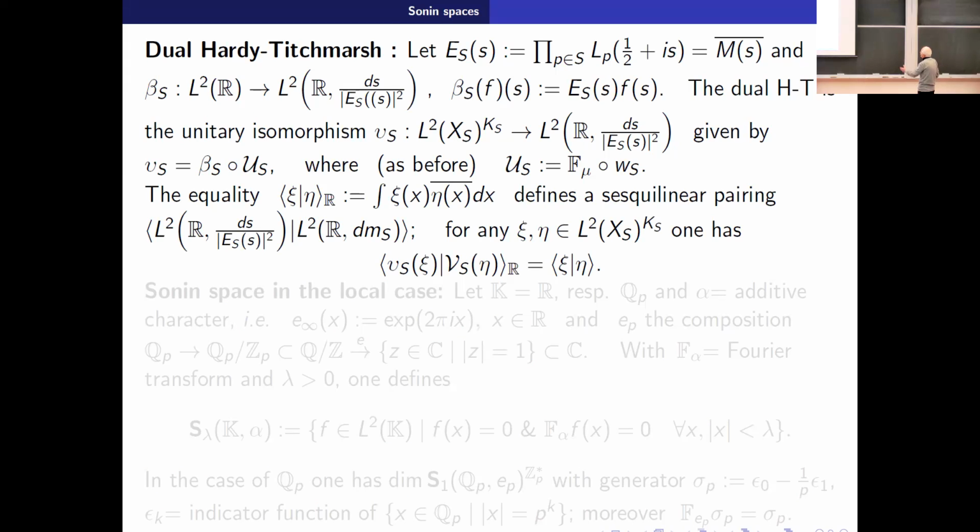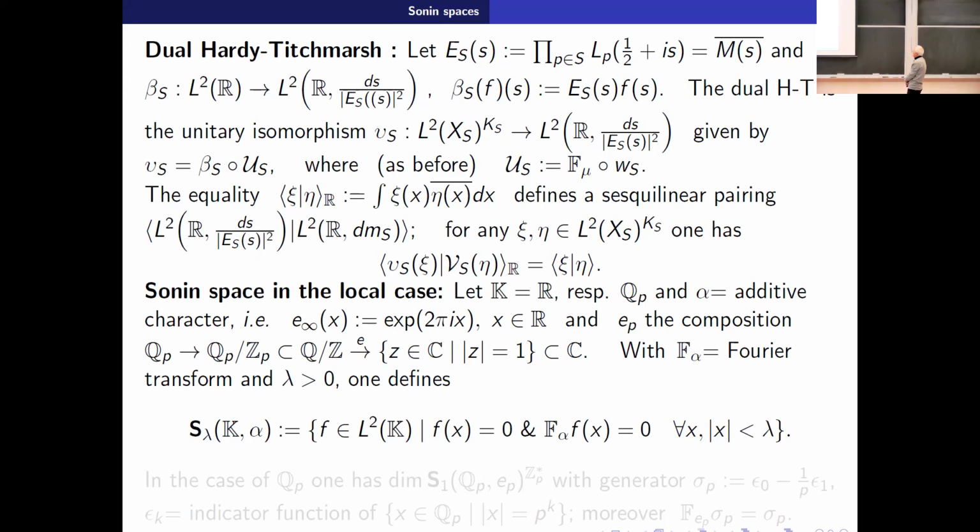Okay, so you also have a compatibility. This duality is given by the clear fact that we took a measure, with one Radon-Nikodym, and then inverted it, and then when you pair them, it will disappear, so you get a sesquilinear pairing like that, which is non-degenerate.